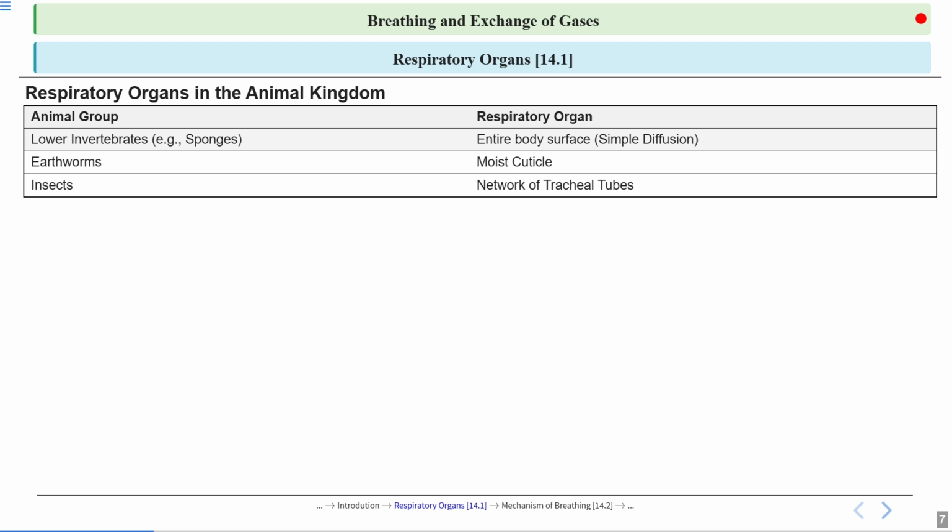Then in insects, a tracheal system is present. So there is a network of tracheal tubes in insects, which belong to Arthropoda. So what is special about the tracheal system?